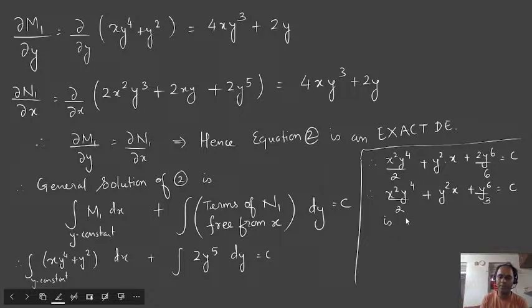This is the required solution. So this is the first case. On this we have seen how this works. I hope you have followed this example very nicely, and we will now be seeing the next example.